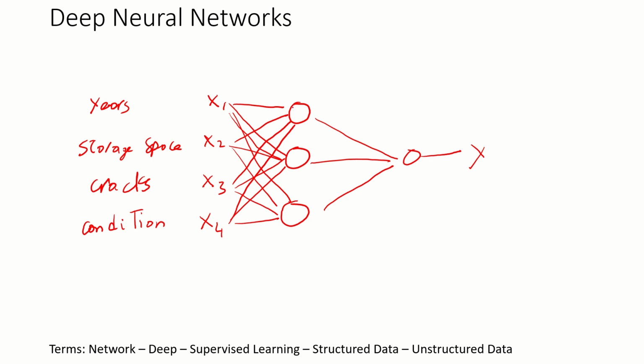If the year was 1 and the storage space was 64, and there were no cracks and the condition was good, all of these values go in here, and it comes out with a value of 3.5. This one takes in the same values and comes out with 2, and the lower neuron comes out with minus 1.5. These values are fed into another neuron, which spits out another value that says $175.